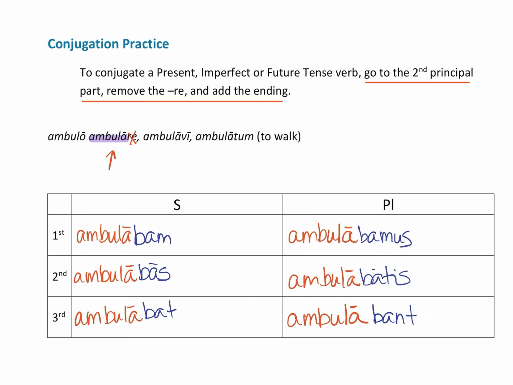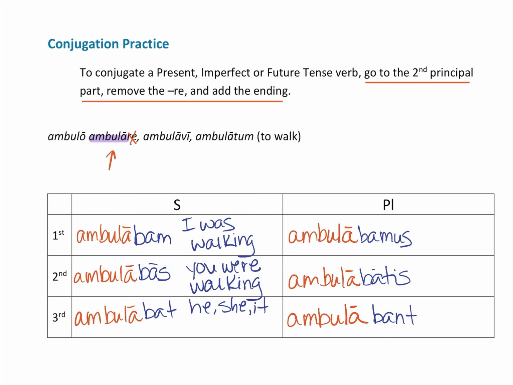It means to walk. So when we translate it, you're going to say, I was walking. You were walking. Remember, he, she, it. I want you to write all three of them down all the time right now. He, she, it was walking.